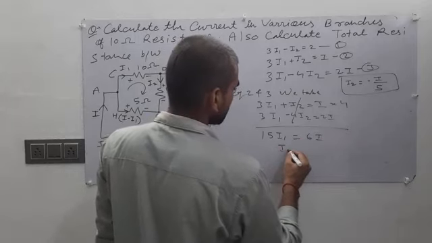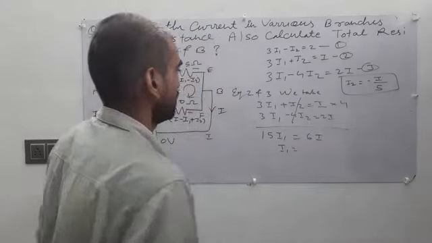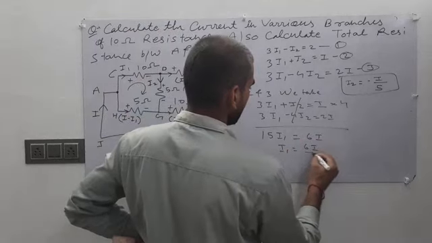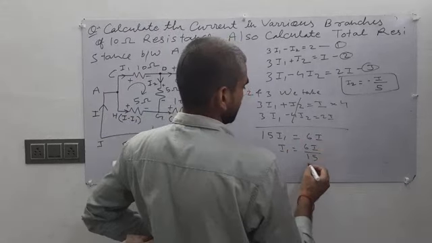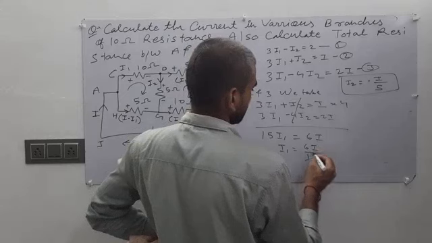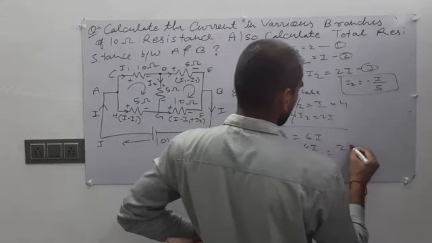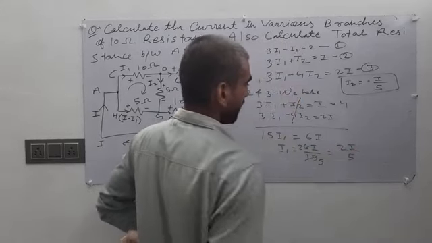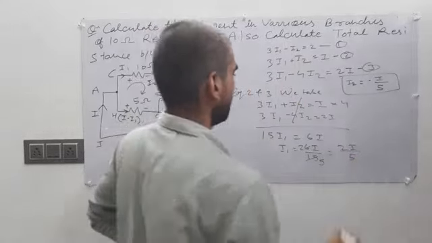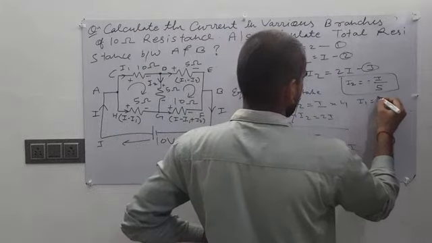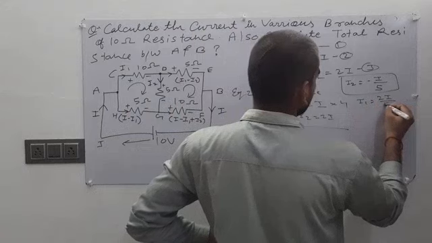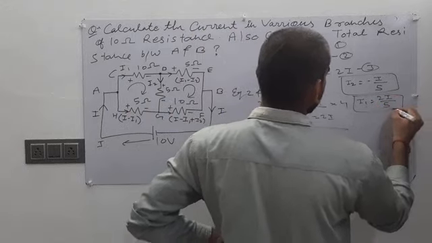Now I1 equals 6I upon 15, which is 2I upon 5.